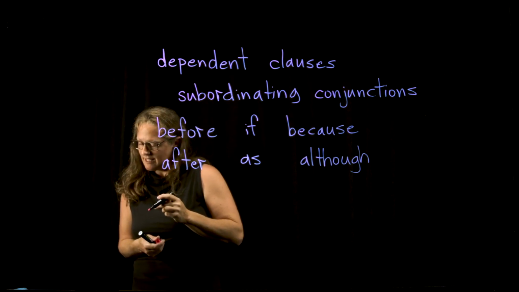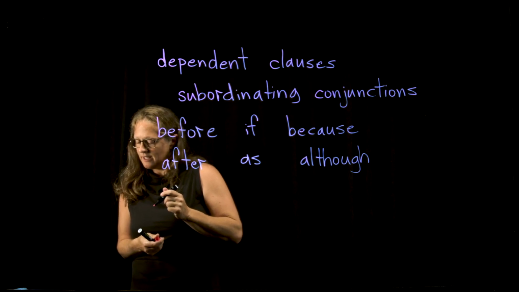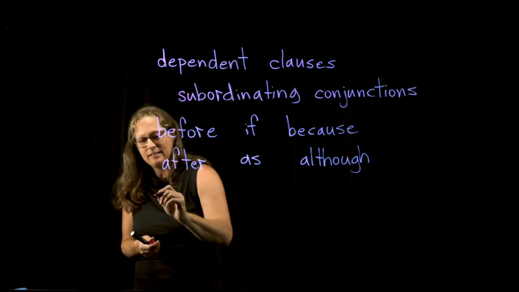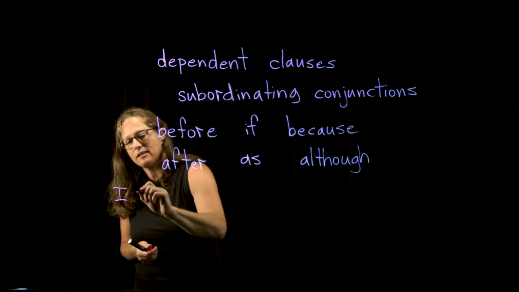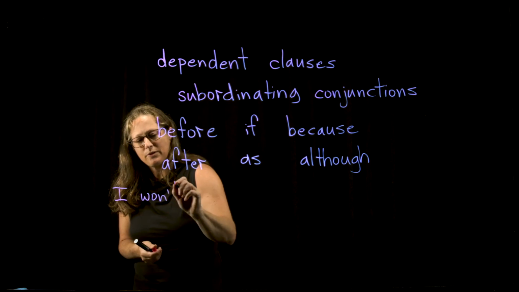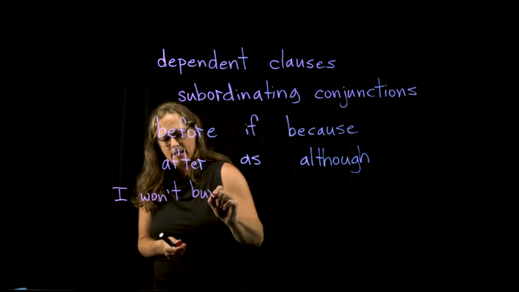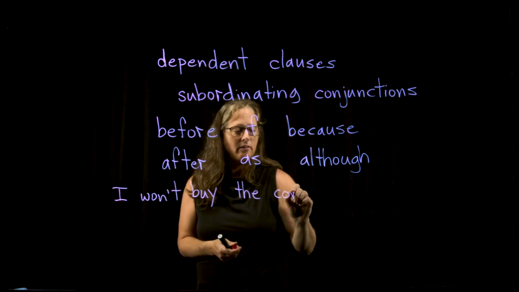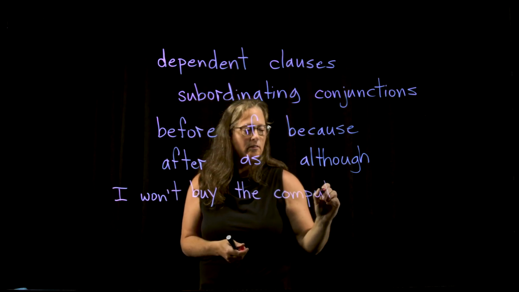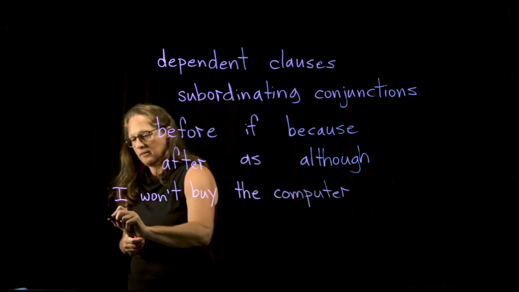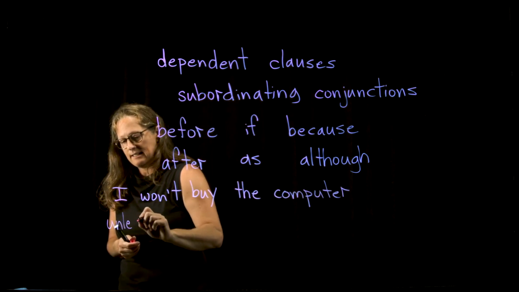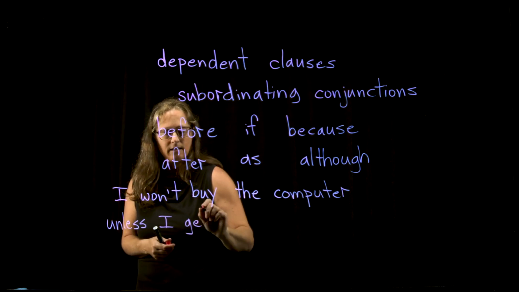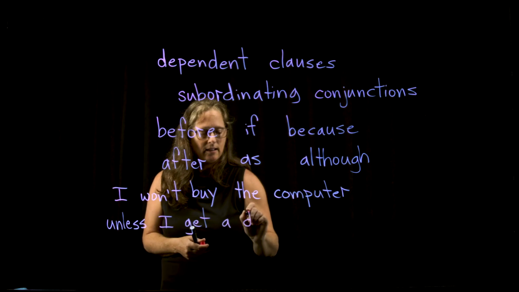So I'll give you another example of a sentence, and I'll see if you can find the independent clause and the dependent clause. So here, I won't buy the computer unless I get a discount.